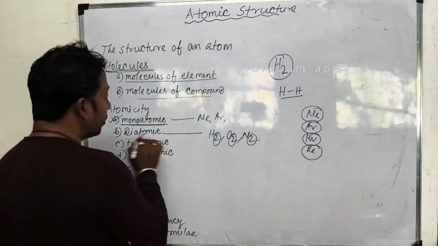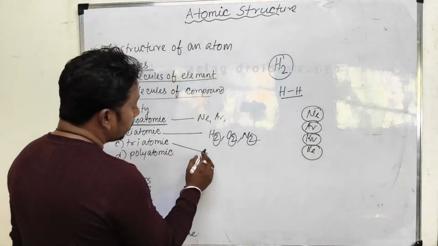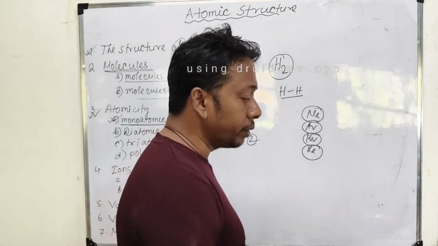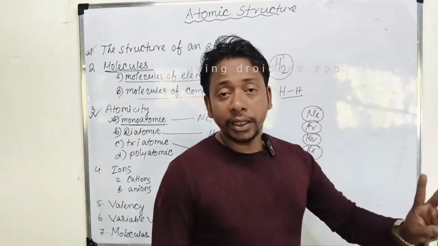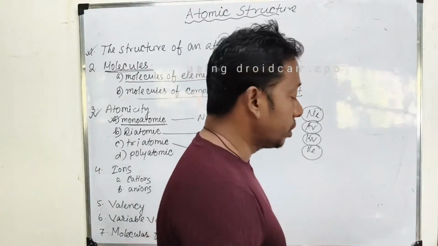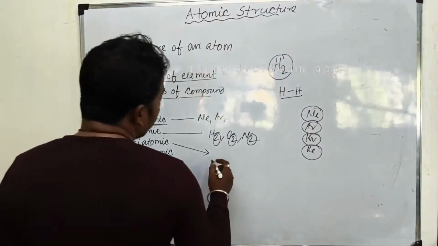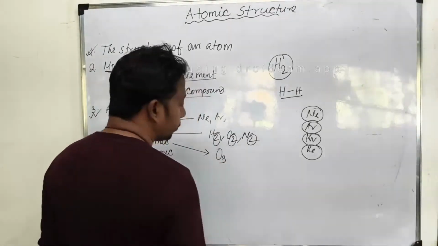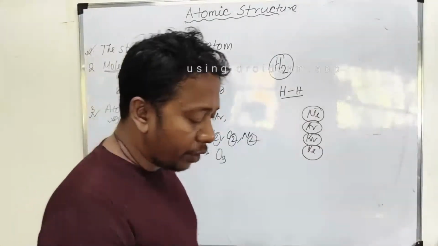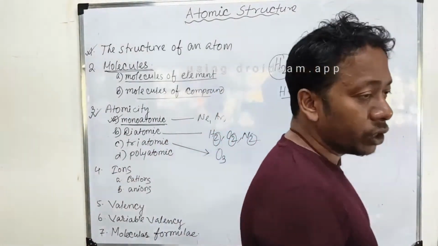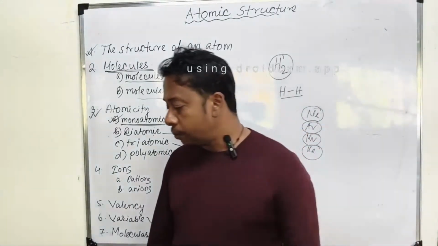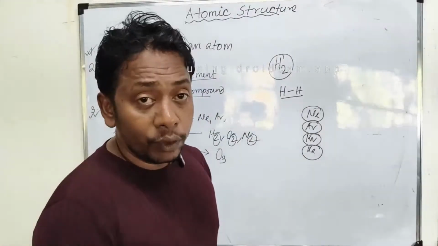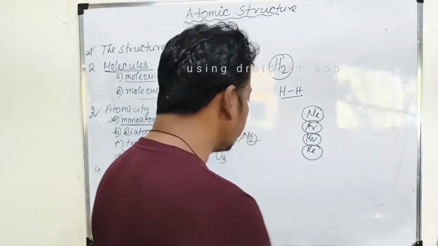What are triatomic molecules? If a molecule contains exactly three atoms, it is called triatomic. One of the famous triatomic molecules is ozone, which is found in our atmosphere, right? What is the role of ozone? The role of ozone is that it can absorb the harmful ultraviolet rays of the sun.